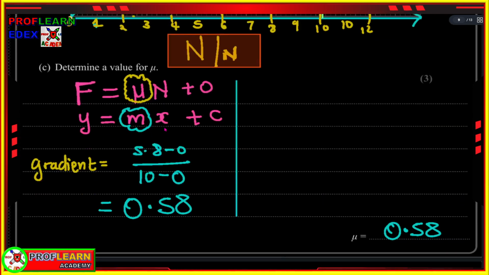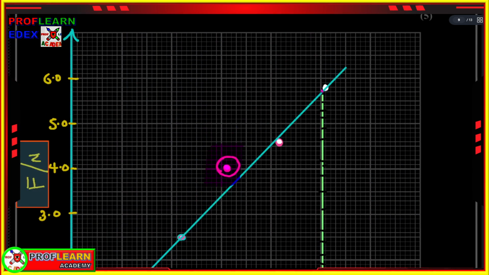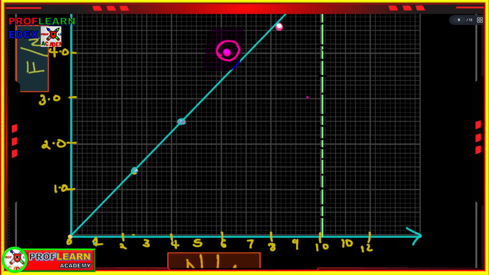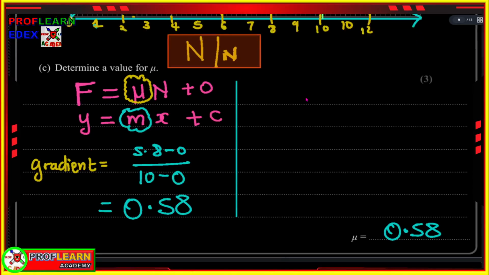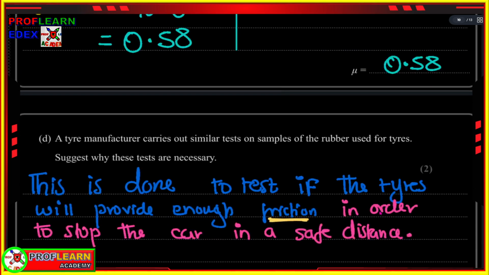In that case, the gradient is going to be, you shall use a big triangle, more than three quarters of the straight line, about 3/4 or more, and then we can get our answer 0.58, which is the value of mu, and it doesn't have units because it's a constant.